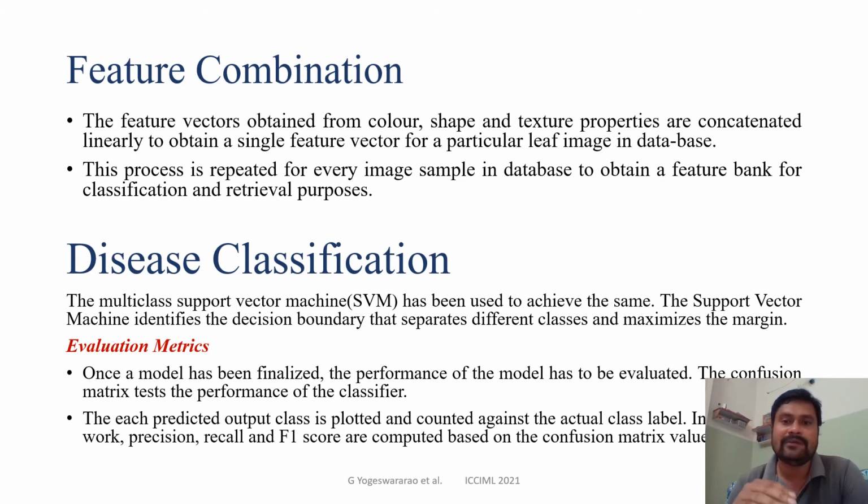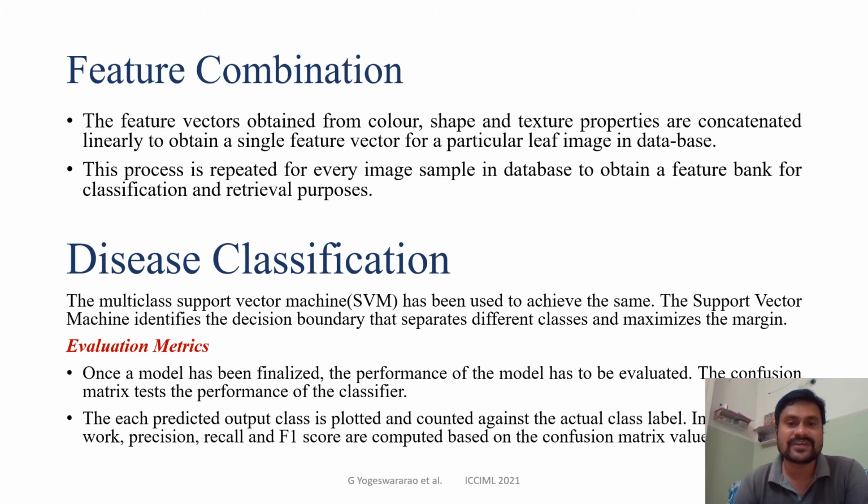We concatenate each feature linearly, one by one, to form a single vector for each diseased leaf, and from the entire database we form a vector for each image. After that we create a feature bank of the entire data set. This is nothing but feature combination.